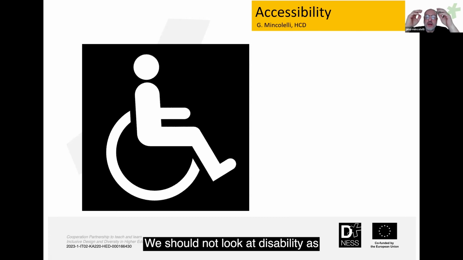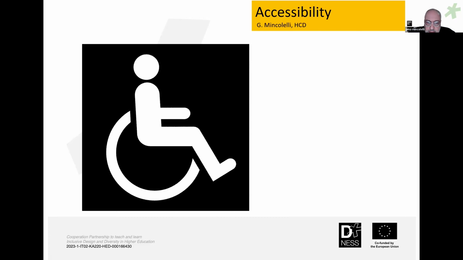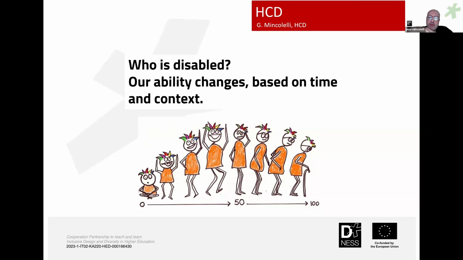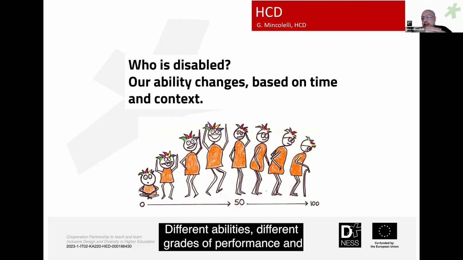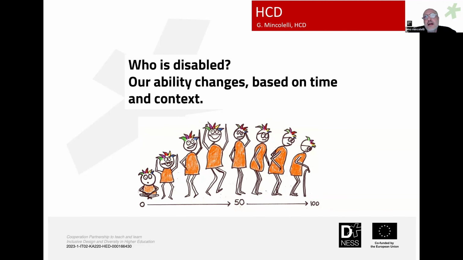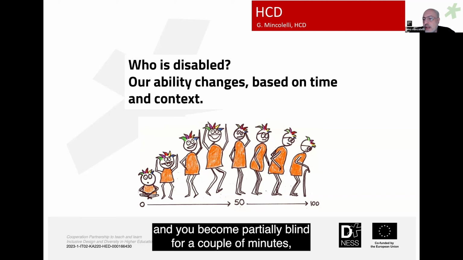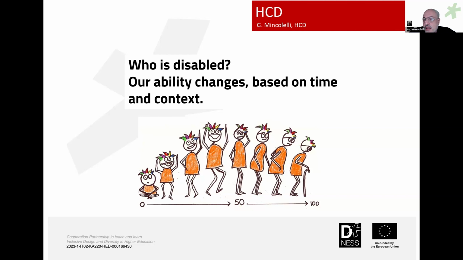We should not look at disability as an exceptional condition, because we all have impairments during our life, different abilities, different grades of performance, and even from an accident, for example, something falls in your eye and you become partially blind for a couple of minutes.